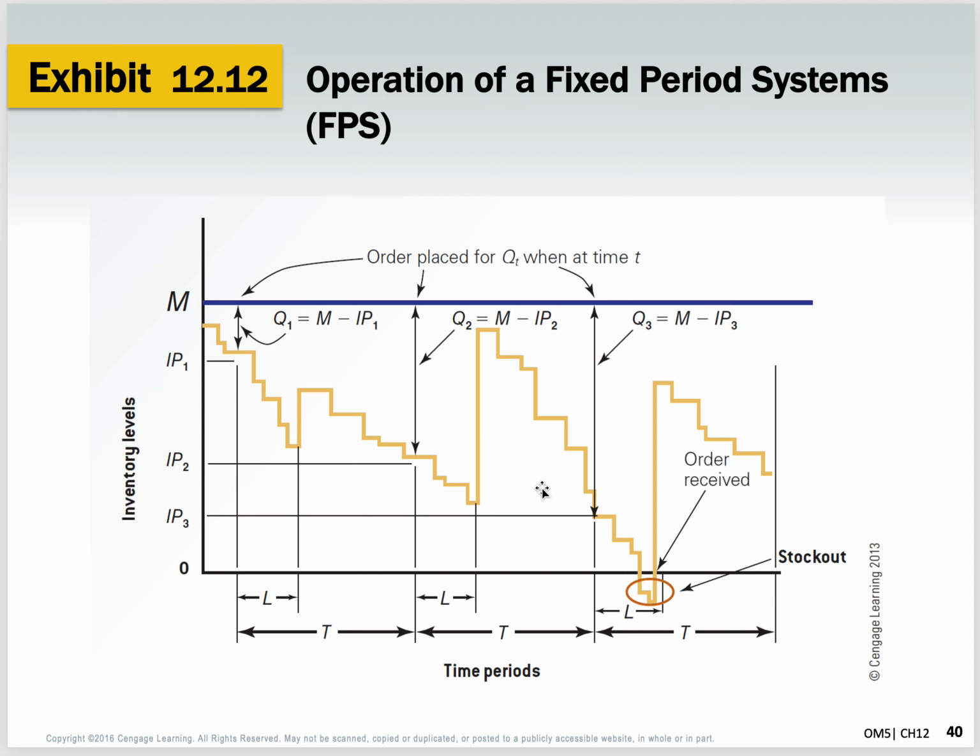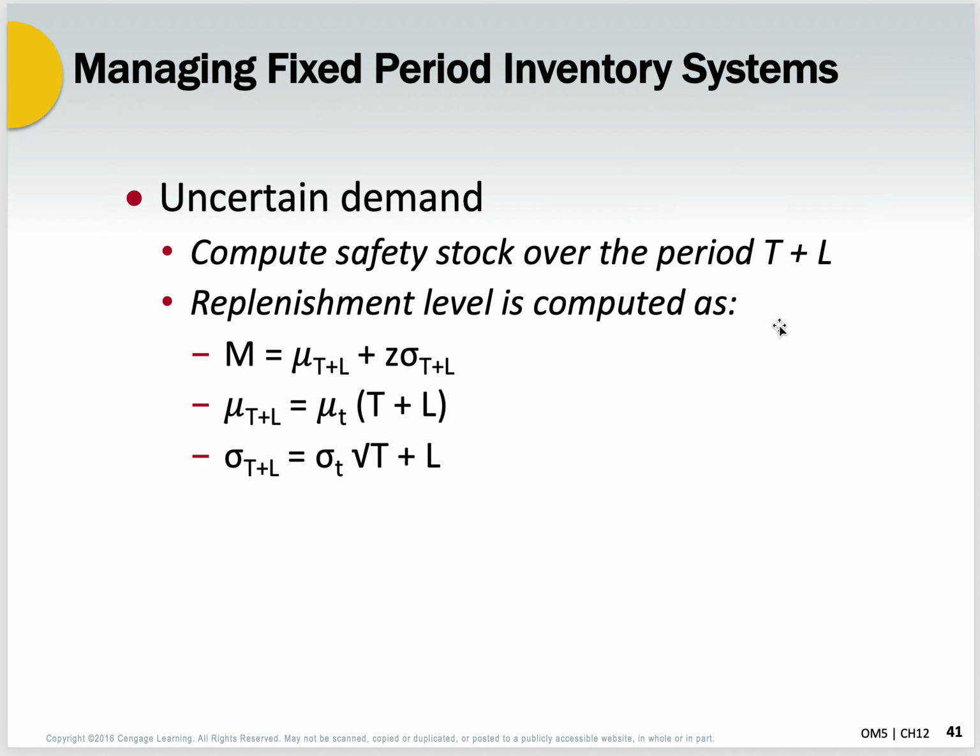So I'm not sure I'm entirely sold on this system. You get here, now the lead time is not long enough. The demand during this lead time is steeper, so you go out of stock for a while, and now you come here and you order this much. So when you get here, now you want to order from here to here. So oftentimes a picture helps you understand how these things work.